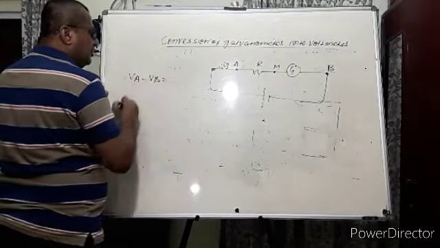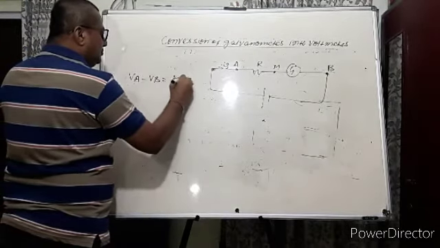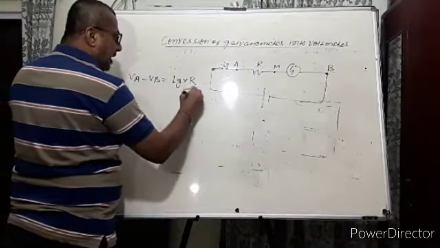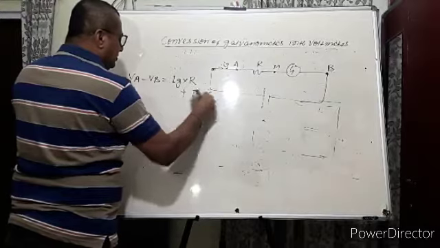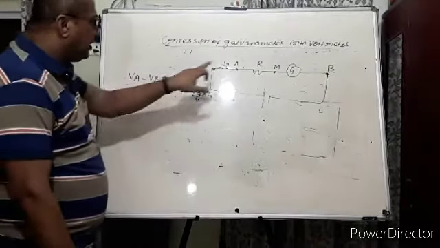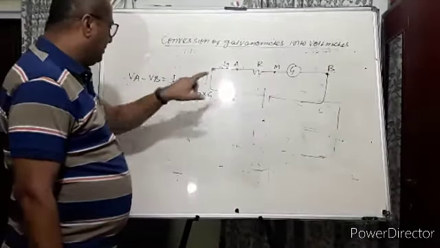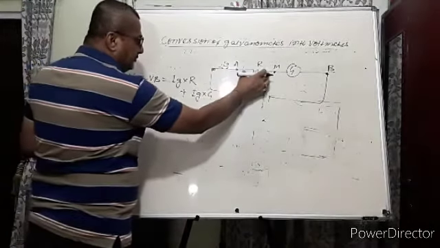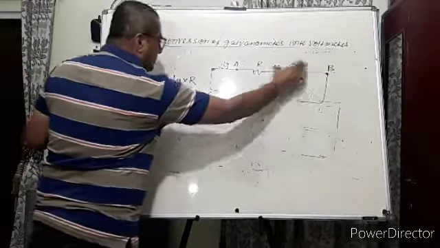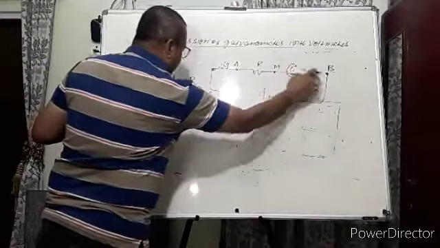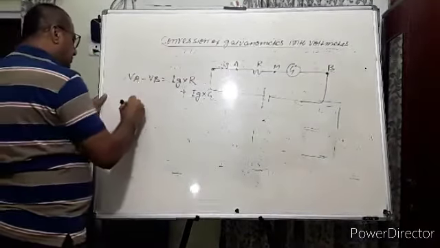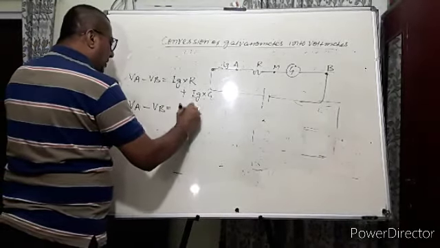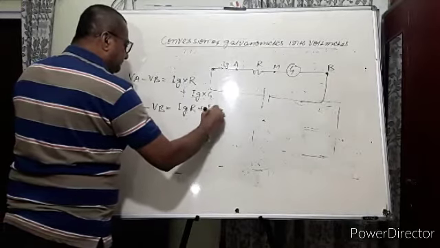VA minus VB is equal to Ig into R plus Ig into G. Ig into R is the PD of this one plus the PD of this one, which equals the PD between A and B. So VA minus VB equals IgR plus IgG.